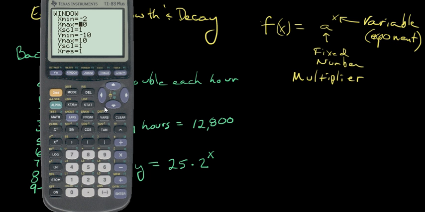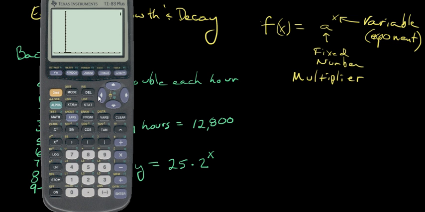That'll be good enough, because we went up to 9. The x scale is okay. So let's look at the y scale. Negative 10, and we have to reach 12,800. So let's make it negative 100 and positive, let's say, 15,000. I don't want to make my scale 1, because it's going to just be a solid bar. So I'm going to make the scale like 1,000. Let's graph this thing now and see what we get.